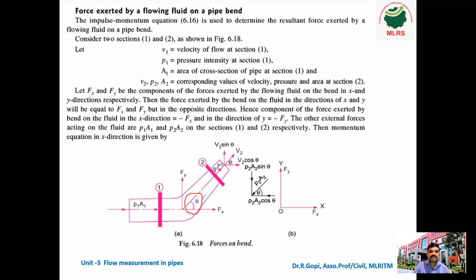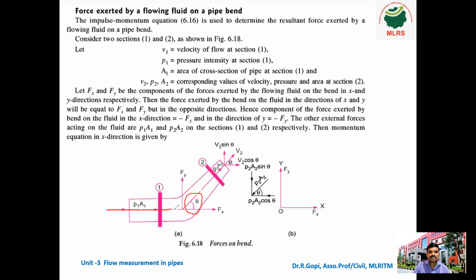Due to this change of direction, there is a force Fx acting in the horizontal direction, parallel to this pipe, and a force Fy acting perpendicular to this pipe. These two important forces act on the pipe, so we need to calculate them.